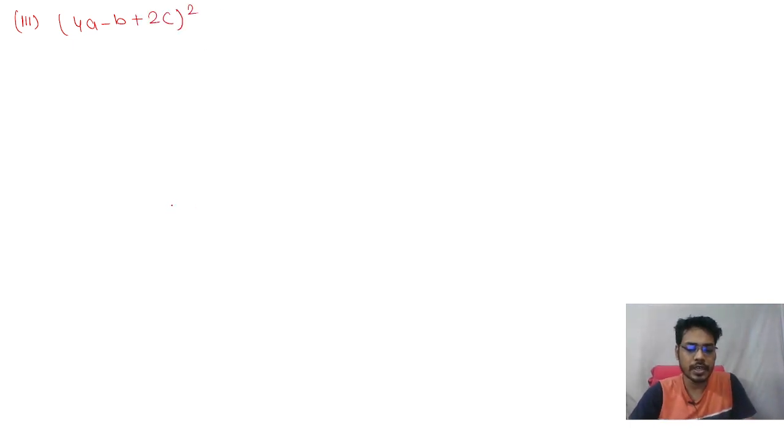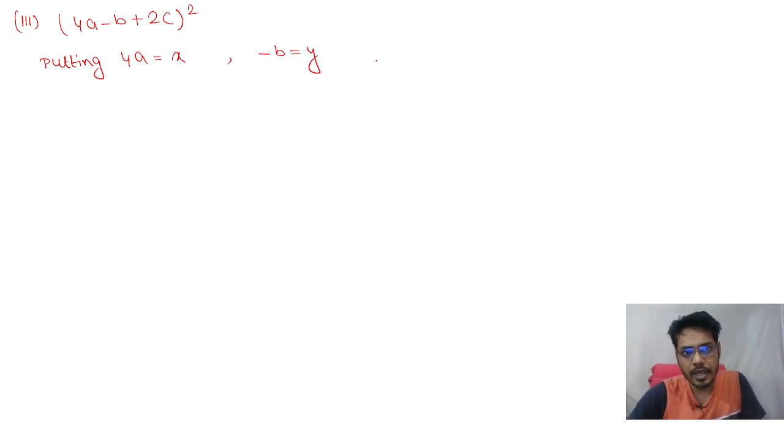Now question number 3: 4a minus b plus 2c its whole square. How can we do it? Similarly, you have to put the values. We assume that 4a is equal to x, minus b is y and 2c is z.